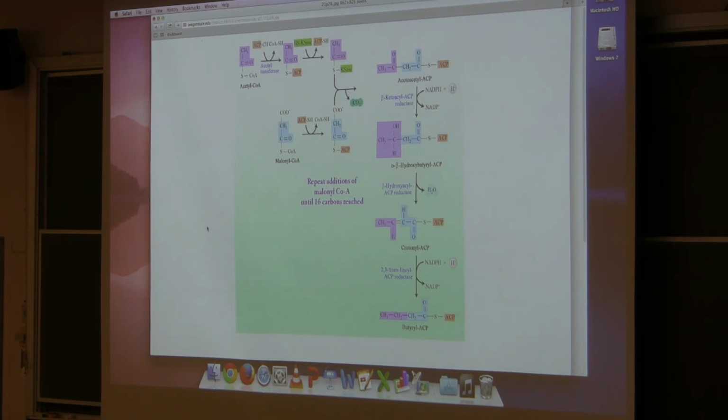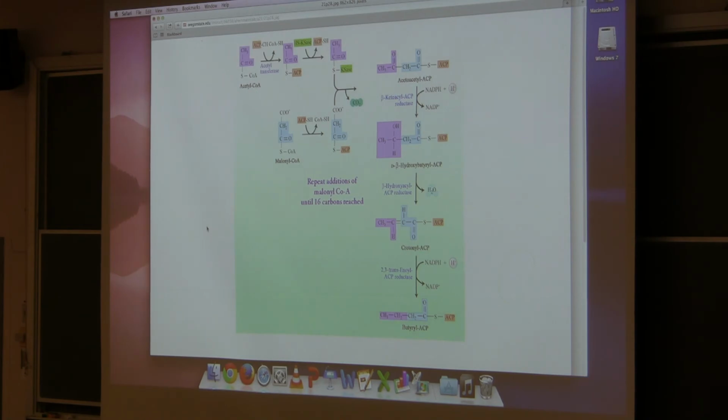The first step was a dehydrogenation that made a double bond, that trans double bond. The second step was addition of water across the double bond. The third step was the oxidation of the hydroxyl to make a ketone group on carbon number 3. And the fourth step was that thiolase cleavage that broke off that 2-carbon acetyl-CoA.